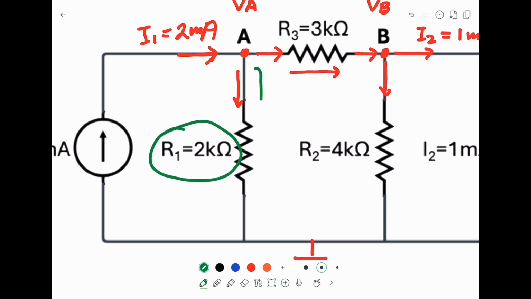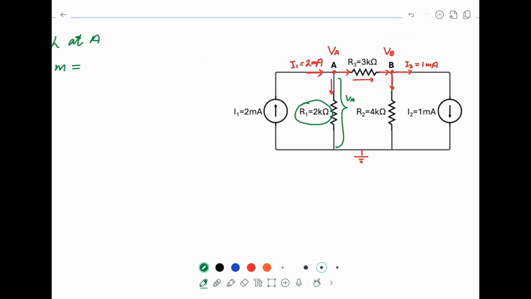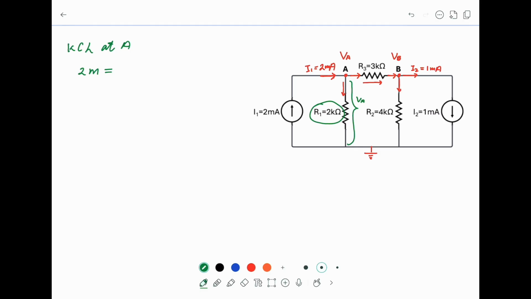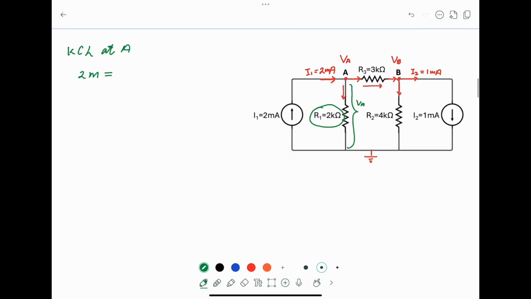Now the potential difference here is VA minus 0, because this is 0 volt. So we can write the current passing through R1 as VA over R1. So the current going out from A, one of the currents, is VA over 2K.